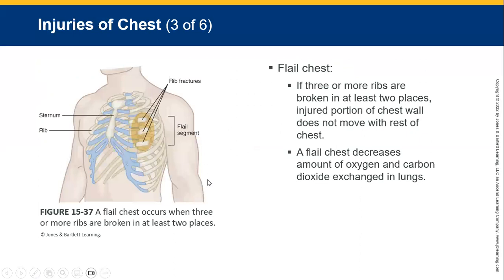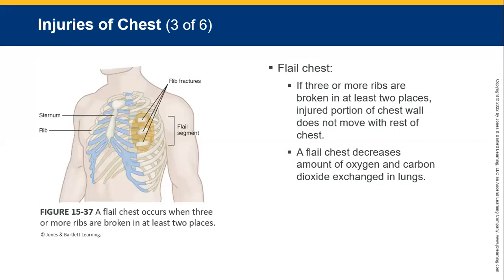In a flail chest, there are 3 or more ribs broken in at least 2 or more places, which will cause the chest wall to move in a paradoxical fashion. When the patient breathes in, the chest will expand, except that piece of the rib that's broken will go in.